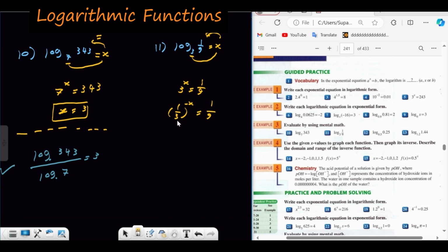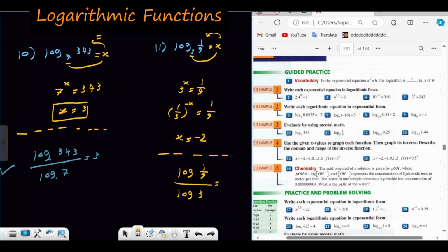So 3 to the power what equals 9? 3 to the power 2. So it means our x equals negative 2. Why? Because of this negative here, x equals negative 2. Or we can use a calculator. We can immediately say log of 1 over 9 over log of 3.